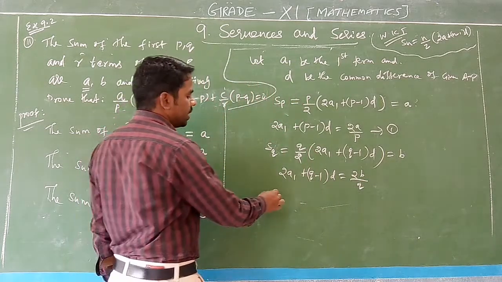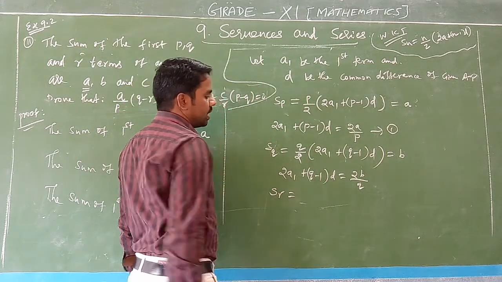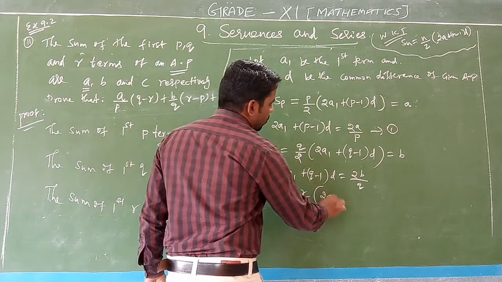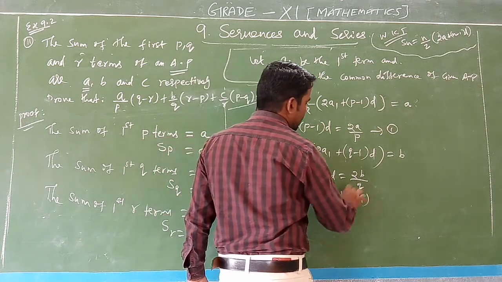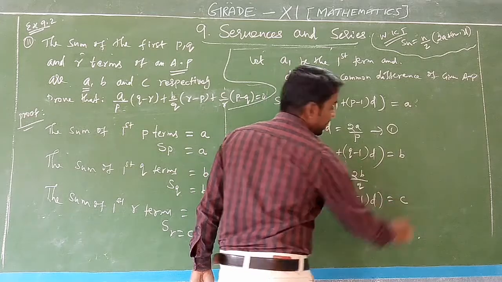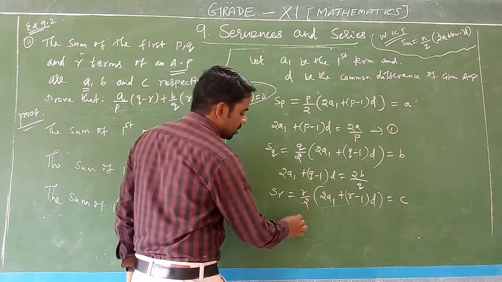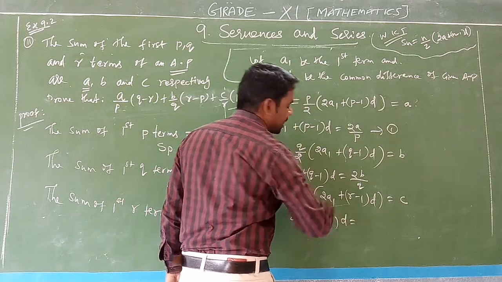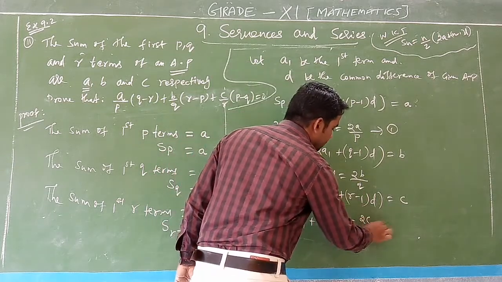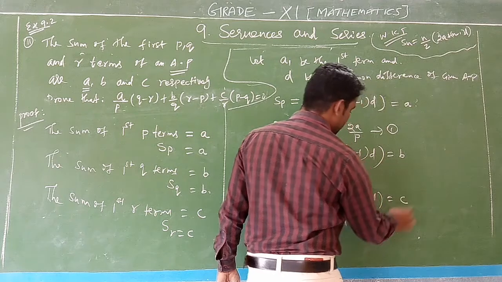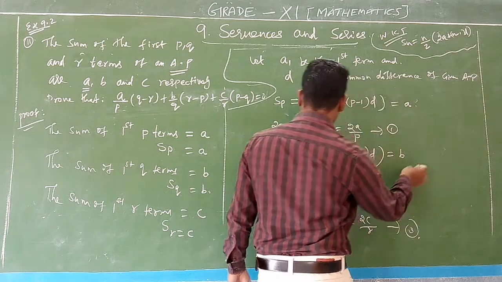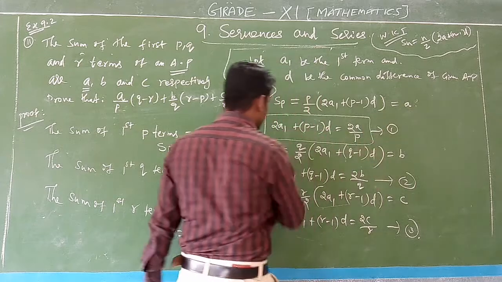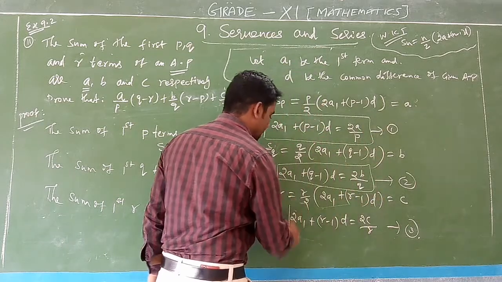This is equation number 2. Next, the third one, Sr equals r by 2 into (2a1 plus (r minus 1) into d) equals c. Simplify this: 2a1 plus (r minus 1) into d equals c into the reciprocal of r by 2, which is 2c by r. This is equation number 3.